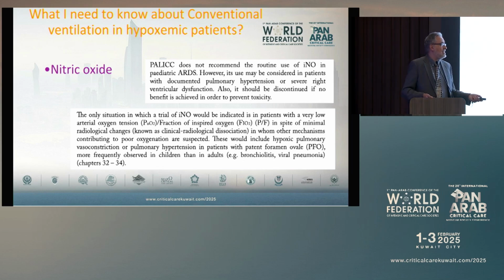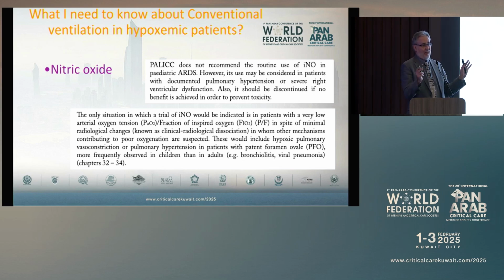But I think it's important to highlight that in pediatrics, you have many patients with hypoxic pulmonary vasoconstriction, with pulmonary hypertension, with patent foramen ovale. These patients are very hypoxemic. If you reduce the resistance and reduce the pulmonary hypertension, you get a change in the flow between the atria, and you improve the oxygenation a lot without changing anything in the ventilator.